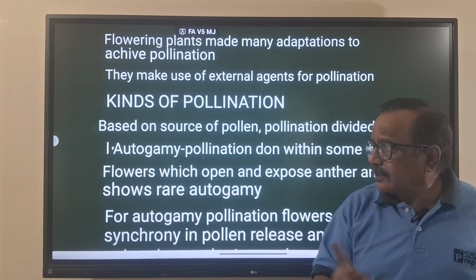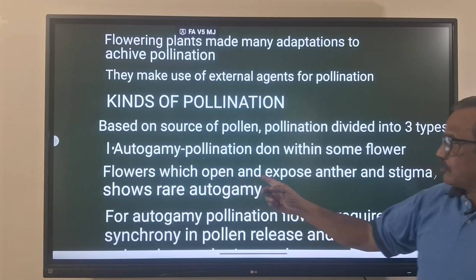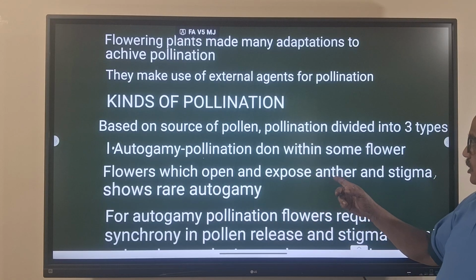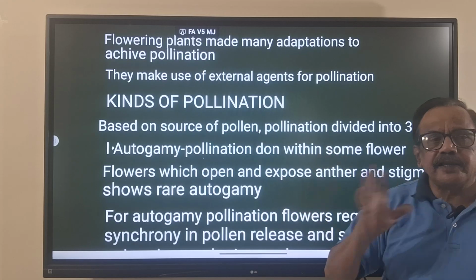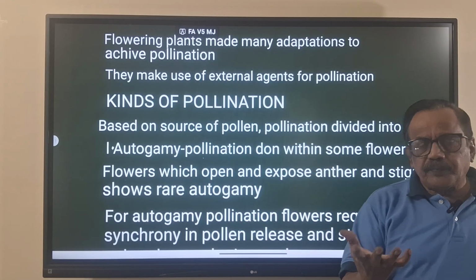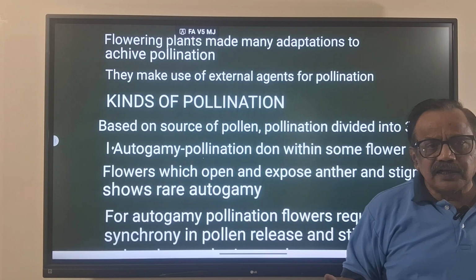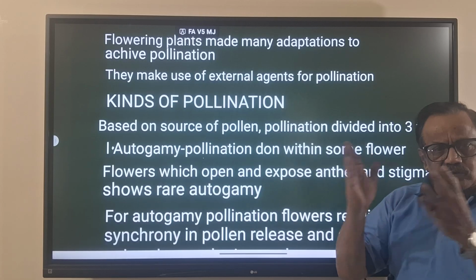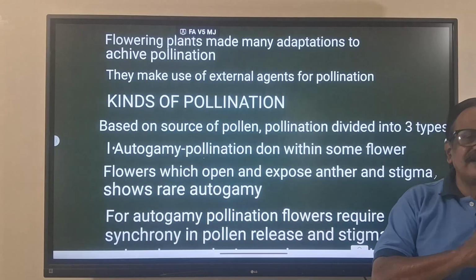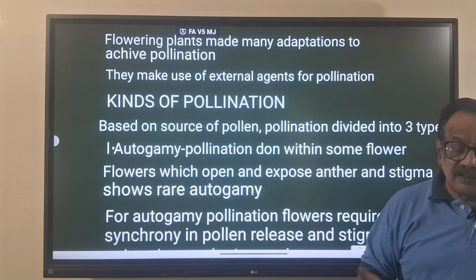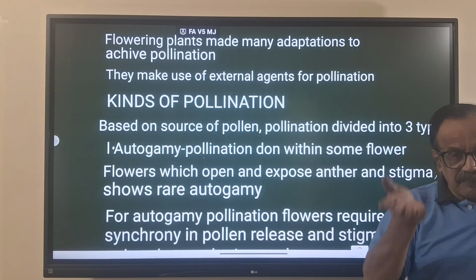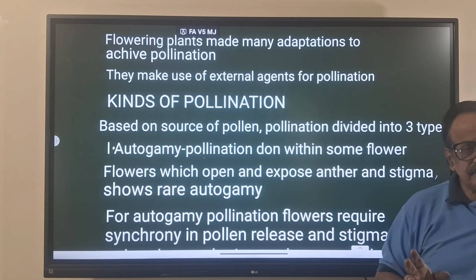He has given it very clearly: flowers which open, exposing anther and stigma, show rare autogamy. If it is opening, agents won't have any discrimination. They are not going to say this one must go here, that one must go there, so they may go to the same flower, another flower, or another flower on another plant.